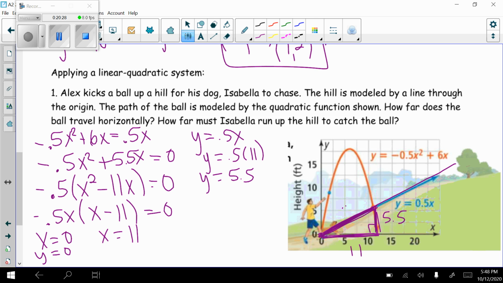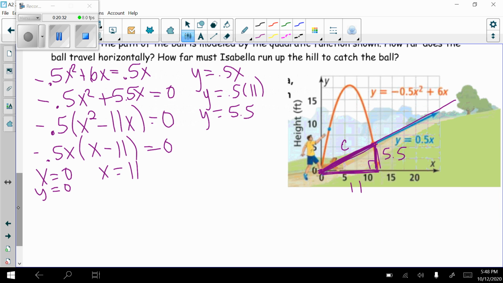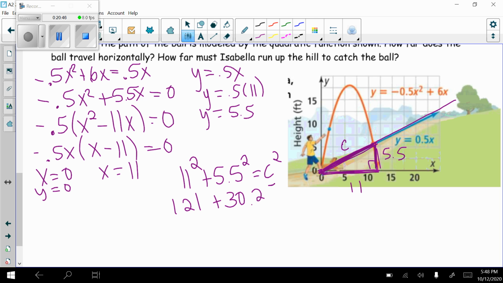So now I can use that to find, I'm going to call that c. We're using the Pythagorean theorem. Remember, Pythagorean theorem says 11 squared plus 5.5 squared equals c squared. 11 squared is 121. 5.5 squared is 30.25. Add these two together and I get 151.25 equals c squared.